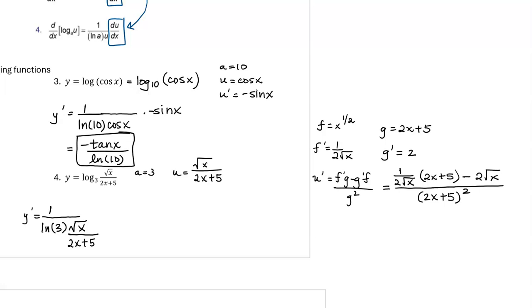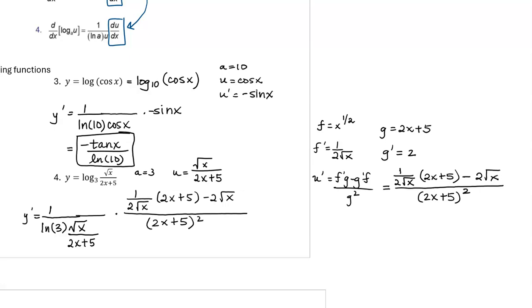And then in the numerator, I will multiply by this du dx, which is all of this here. I'm just going to put this to the side. So I have 1 over 2 root x multiplied by 2x plus 5, subtract 2 root x. And in the denominator, we have 2x plus 5 all squared.